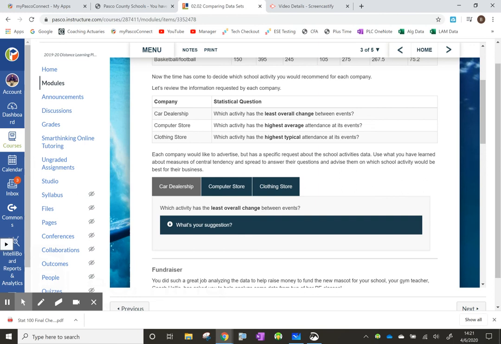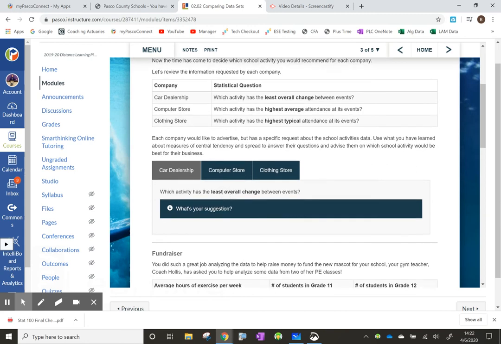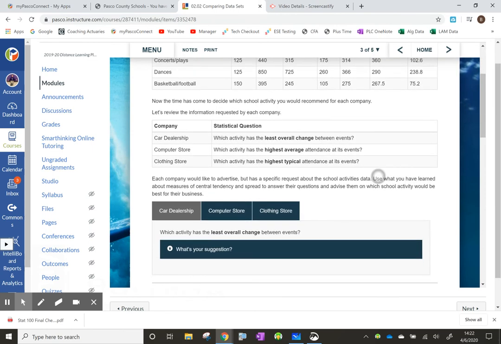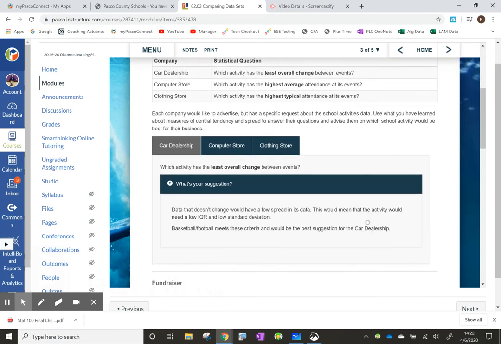So the car dealership wants which activity has the least overall change between events. The computer store wants which activity has the highest average attendance at its events. And the clothing store, which activity has the highest typical attendance at its events. So if we look at each of these, the car dealership. So what has the least overall change? Well, according to this one, it's the basketball and football games.